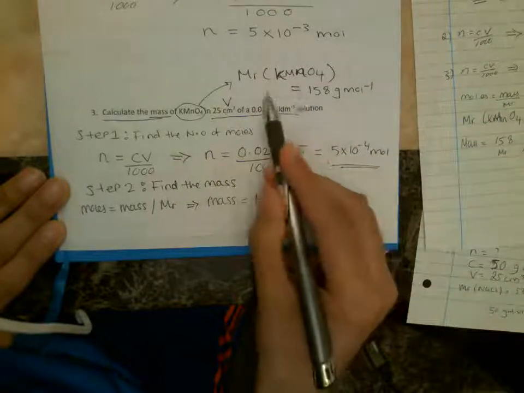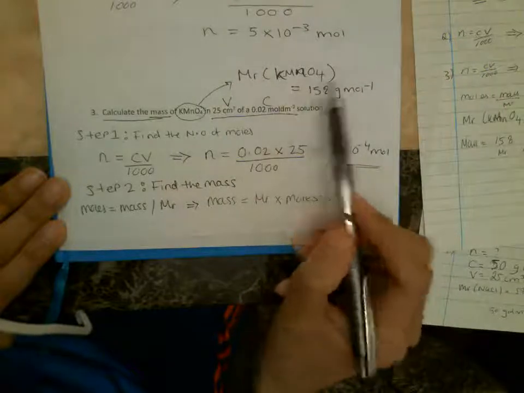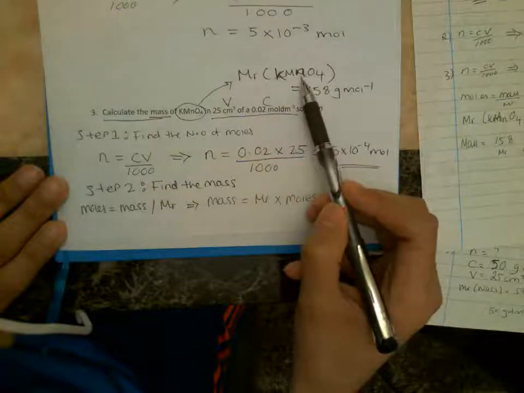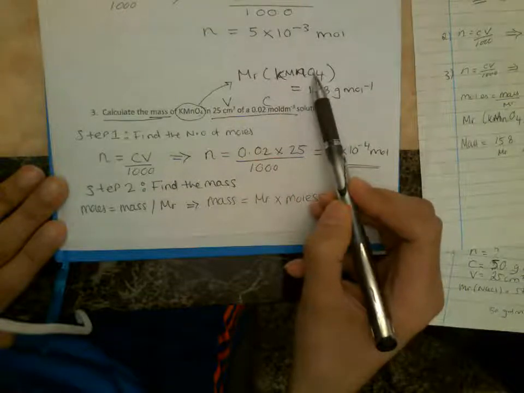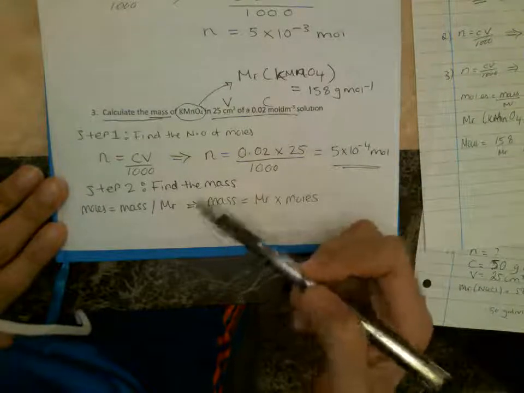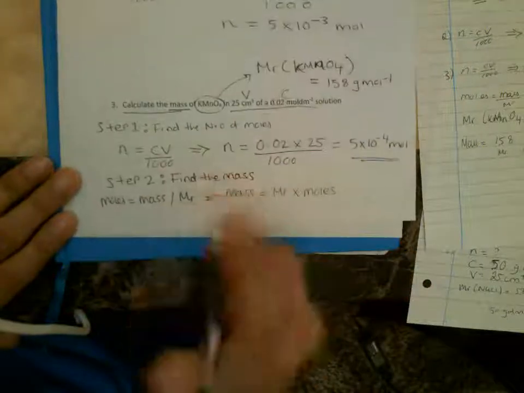If you want to see how I did that, find the atomic mass of potassium, the atomic mass of manganese, and 4 times the atomic mass of oxygen. So all that's left now is just to plug in some numbers.